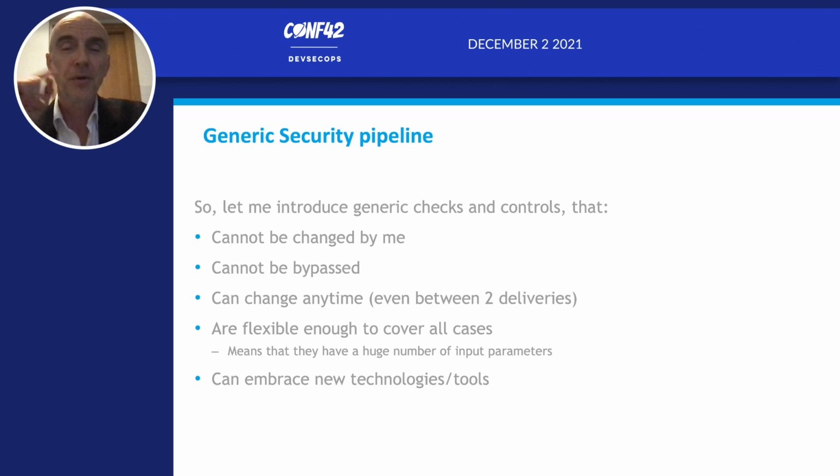We will go through an example of that, which was a workshop I did some time ago, which is the very explanation of this change that can happen anytime. They are flexible enough to cover all the cases for the technologies, for the process itself, so a huge number of parameters, and they are open and scalable so they can embrace new tools and new technologies.